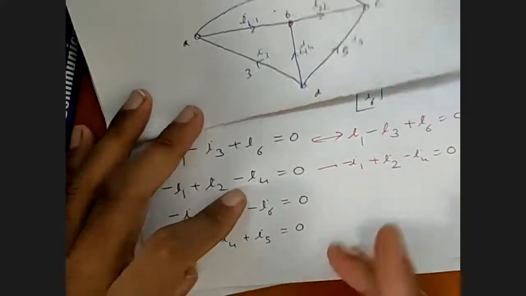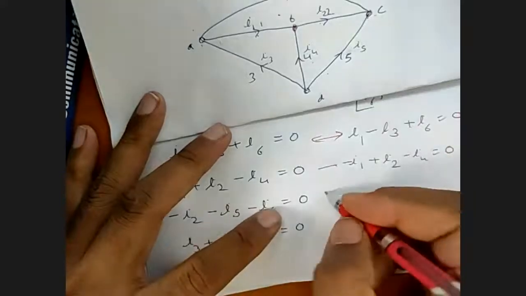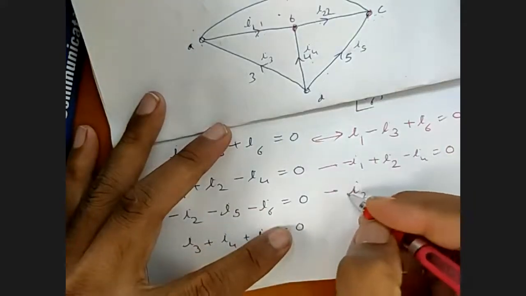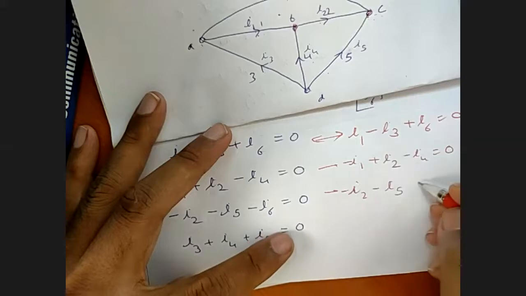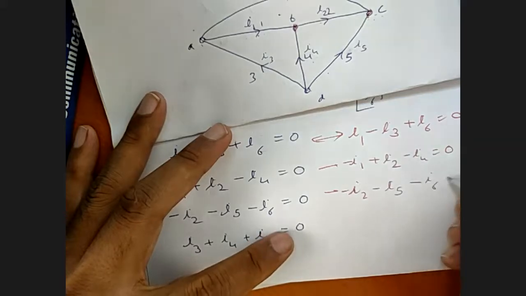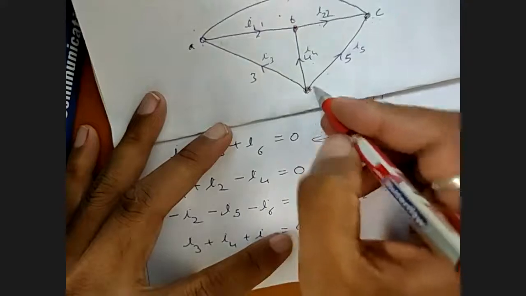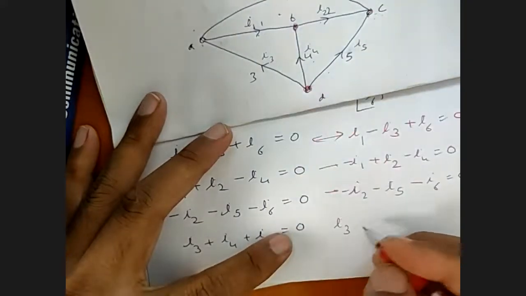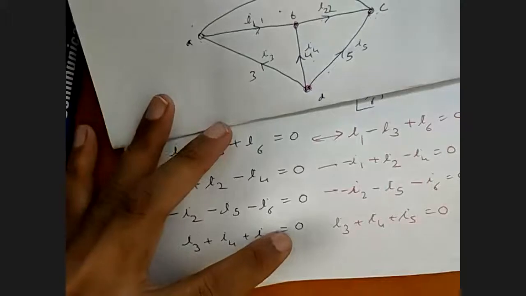Similarly at node C, minus I2 minus I5 minus I6 equal to 0, and at node D, I3 plus I4 plus I5 equal to 0.